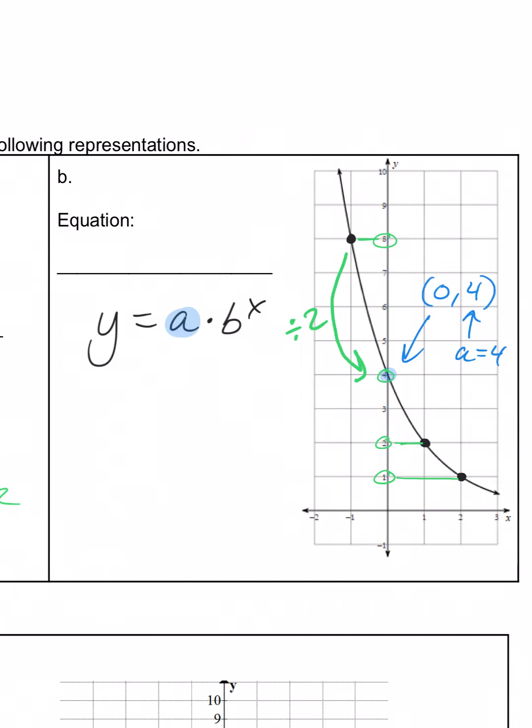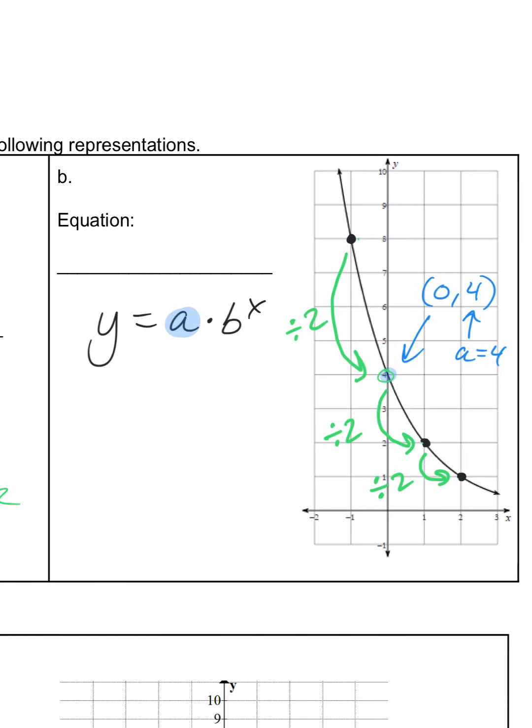If we jump from 4 to 2 for y, again, we're dividing by 2. If we jump from 2 to 1 in y value, we're dividing by 2 again.